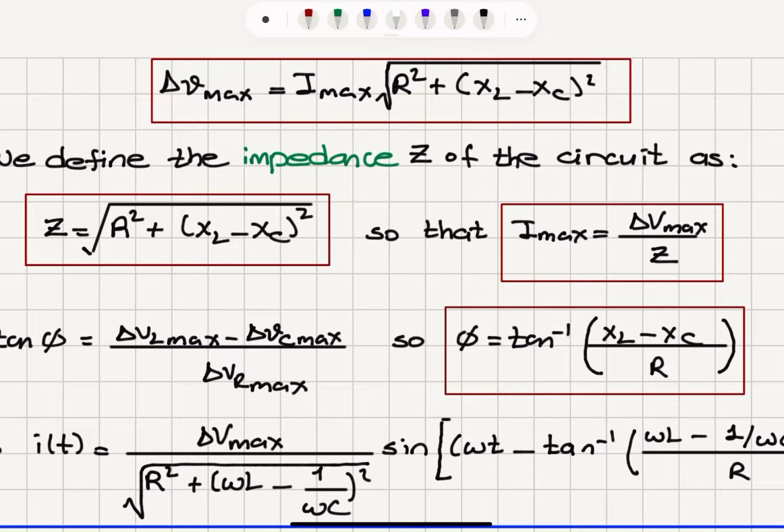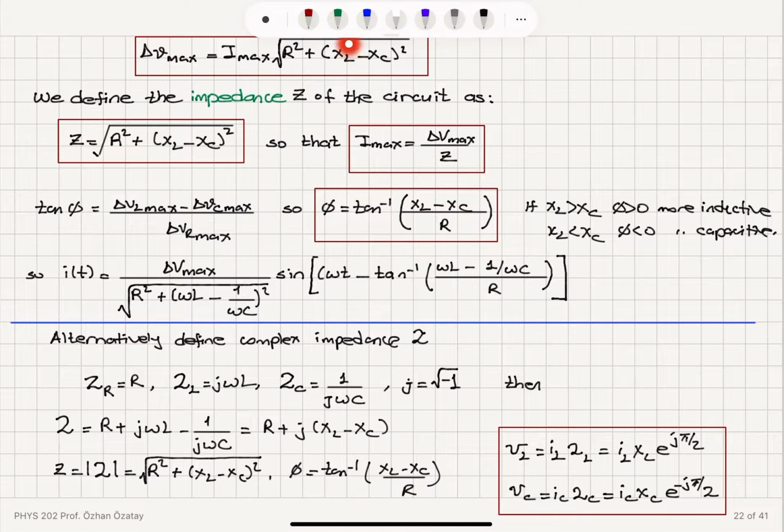So you can see that for this overall circuit, the RLC circuit, I have a factor that multiplies I max to give me delta V max. So this factor was just inductive reactance in an inductor, capacitive reactance in a capacitor, or resistance in a resistor.